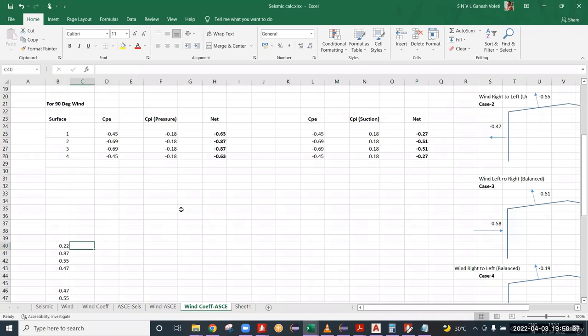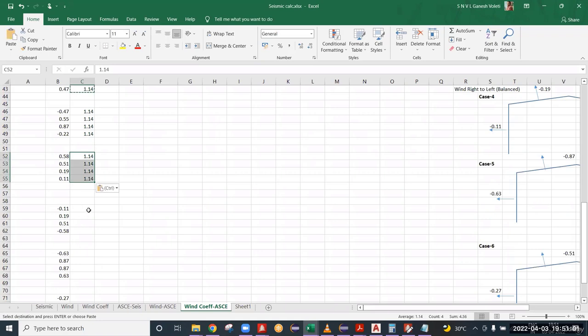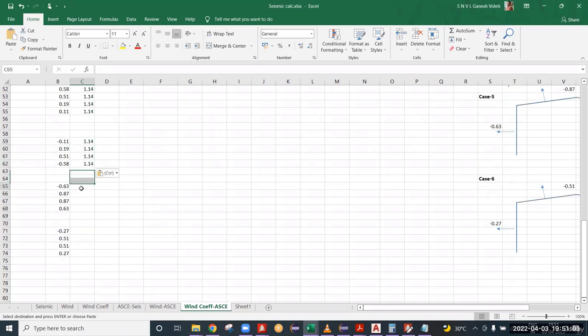What is the wind pressure value we have got? 1.14. 1.14, right? Yeah, 1.14. Wind pressure is the same for all cases, right?